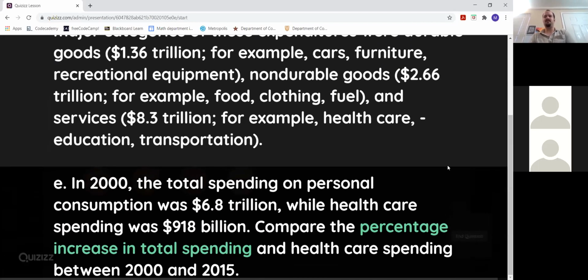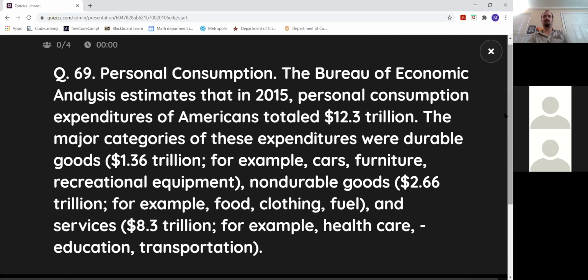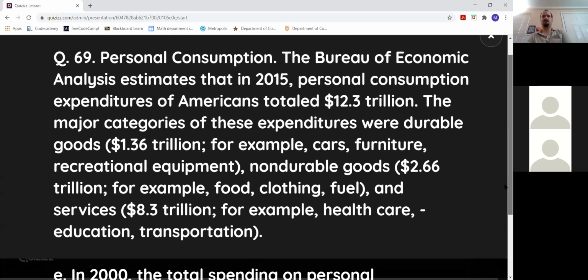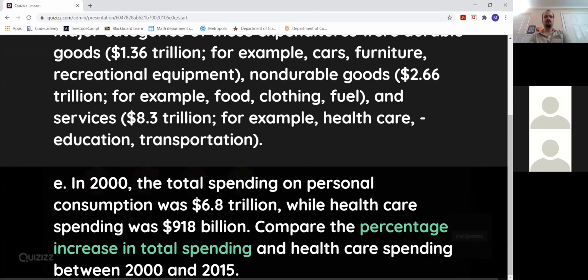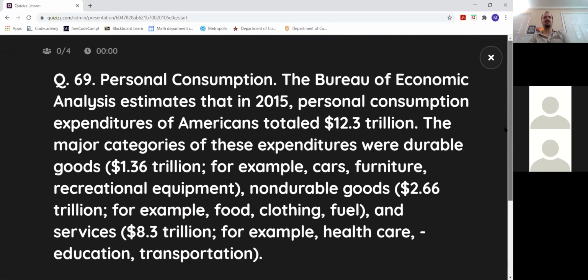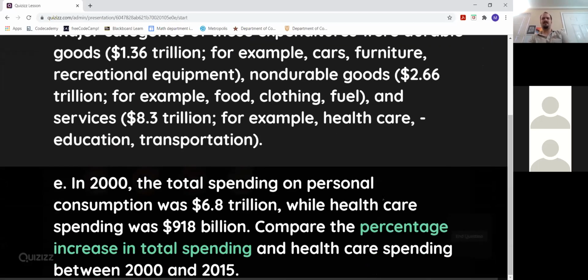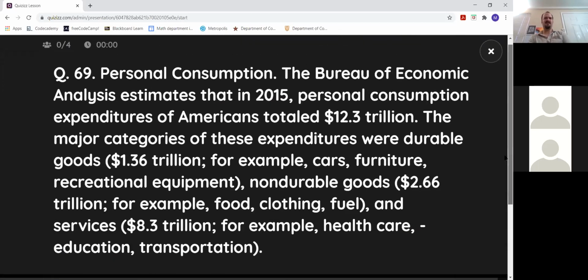So how do we find relative increase? Wait, would 6.8 be the new value? This is the old one. We're going from 6.8 to 12.3, because this is the year 2000 and this one was the year 2015.